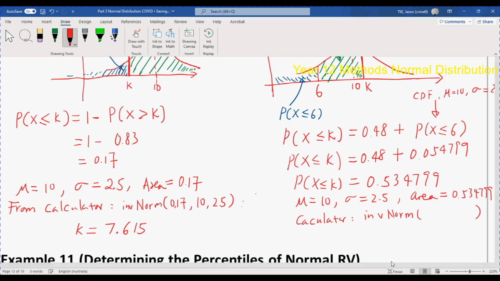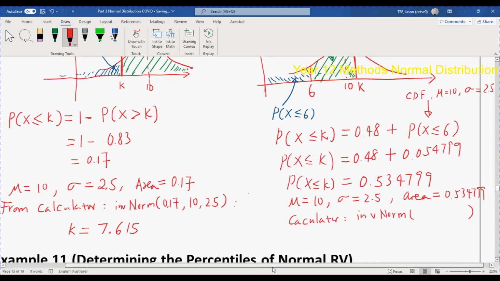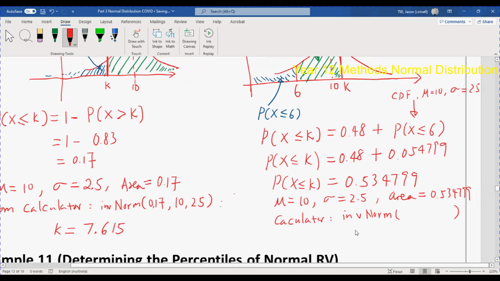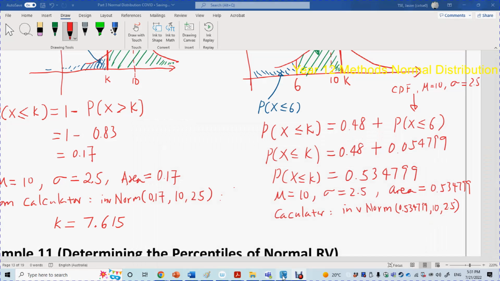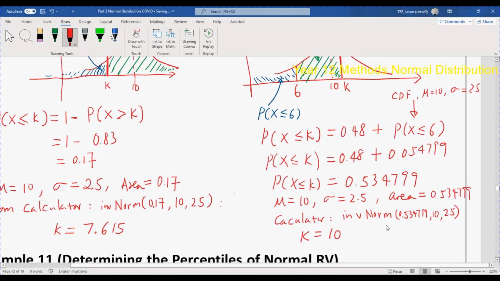Okay, what values am I going to input? The first number in the inverse normal on the calculator needs to be the area. So the first number you're going to put in is that number. The second number is the mean, which is 10. The last number, the standard deviation. Okay, let's try to do this. So you find k equals.